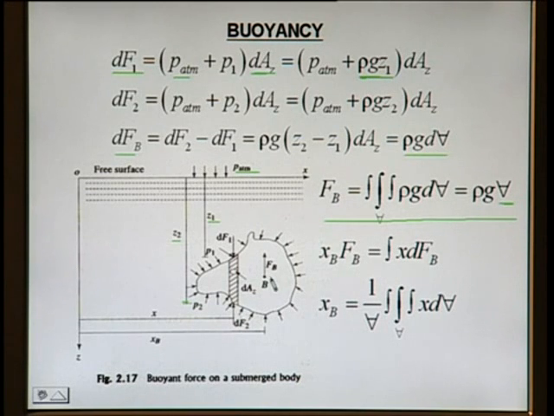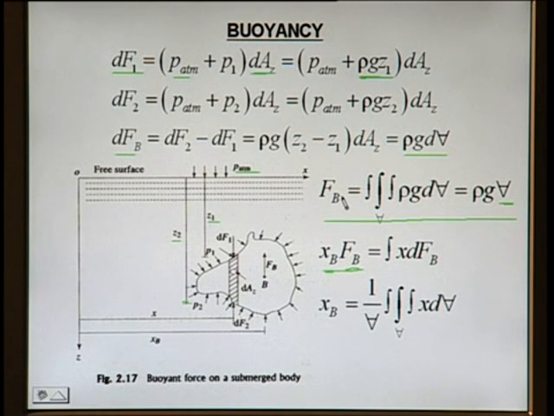The buoyancy force is assumed to be acting through point B in the upward direction. This B is at distance xv, so we have xv multiplied by Fb. This is the couple produced by the resultant force. With this formula we can calculate xv, because we know Fb and we know this integral, so we can find xv.